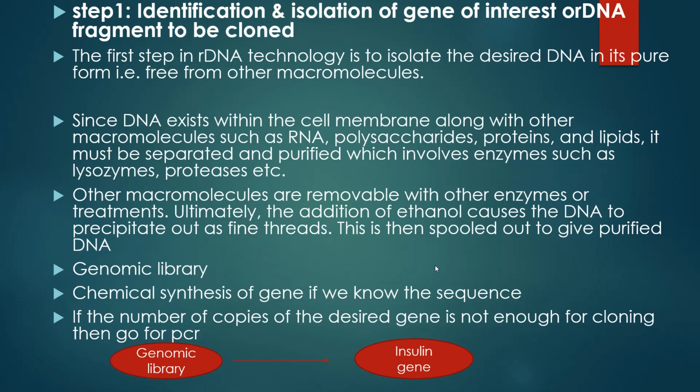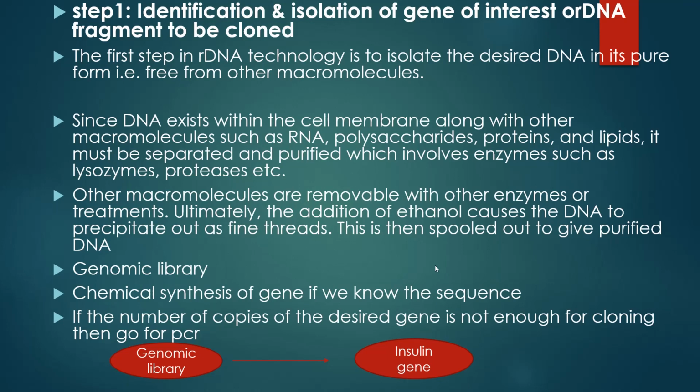We have to remove all these impurities, and other macromolecules are also removed by using enzymes and other treatments. Finally, the addition of ethanol causes the DNA precipitation. That means DNA precipitates out as thin threads. Then it is spooled out to give purified DNA.